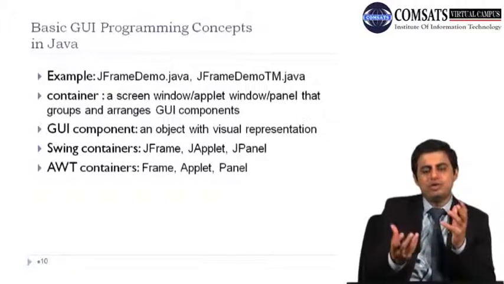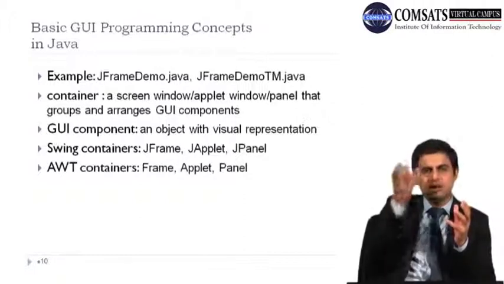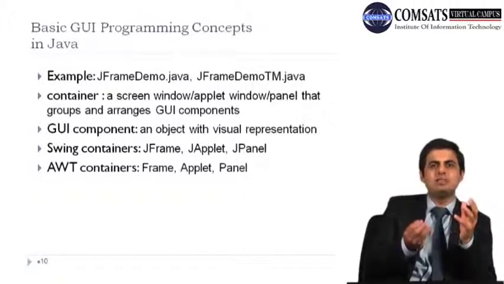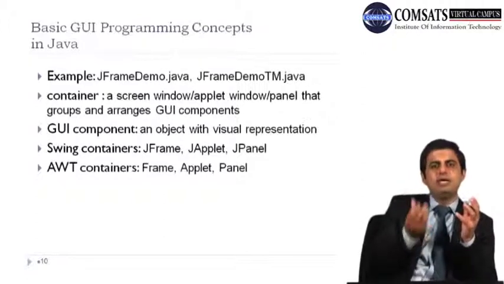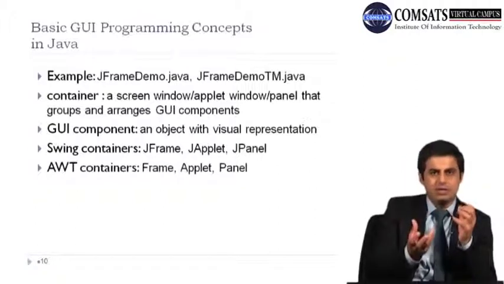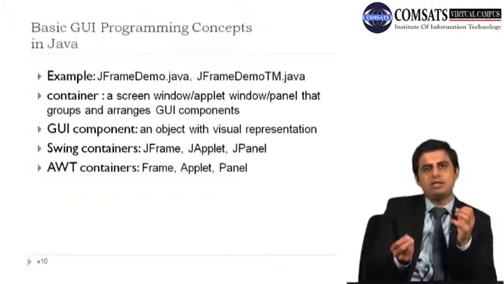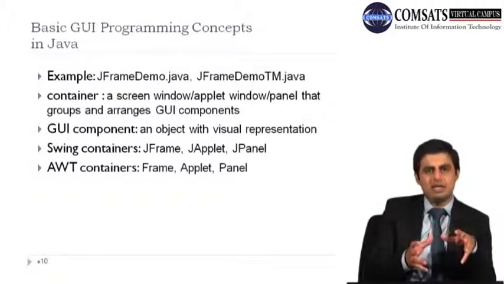And basically the component is an object with visual representation. It's basically part of a class. For example, if it is a button component, JButton, it is a part of the JButton class, so it is an object of JButton. That object has methods attached to it, because as you have already studied about objects and classes, the object of a class can use and call all the methods which that class has.